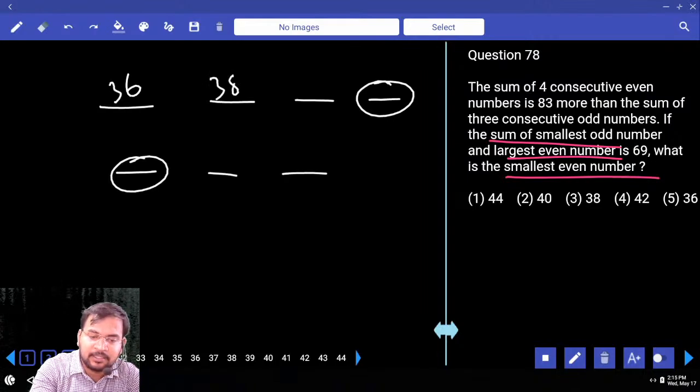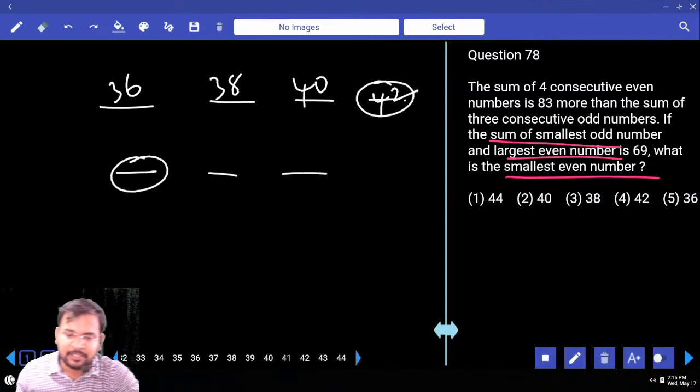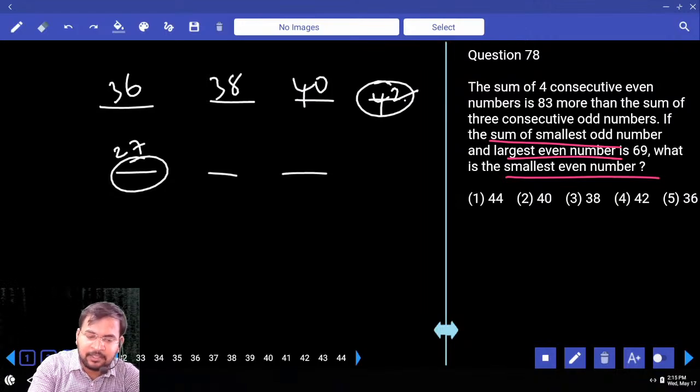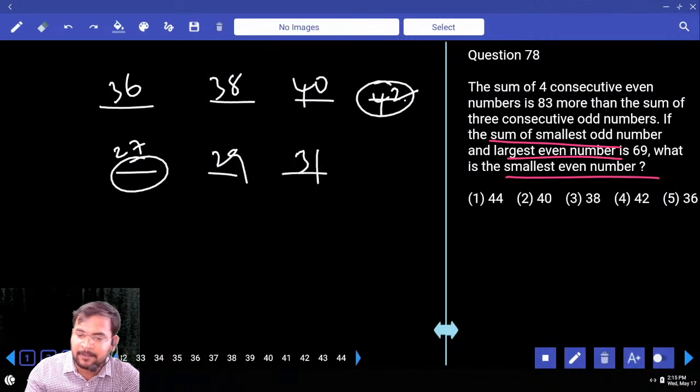If this is 42, sum should be 83. If this is 27, this is 29, the average is 29. The middle two numbers' average will be the average.